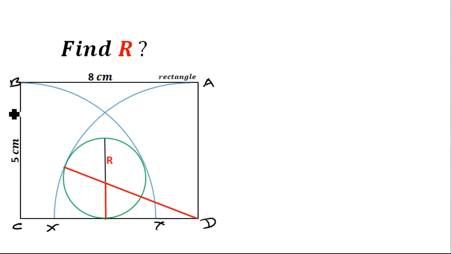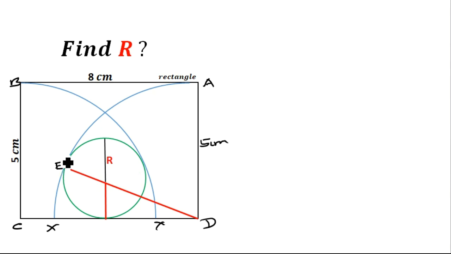And remember, the radius of this quadrant is 5. If here is 5 centimeters, then this length is as well 5 centimeters. So if we let this point be point E, then from D to E is 5 centimeters, because it is the radius of that quadrant.